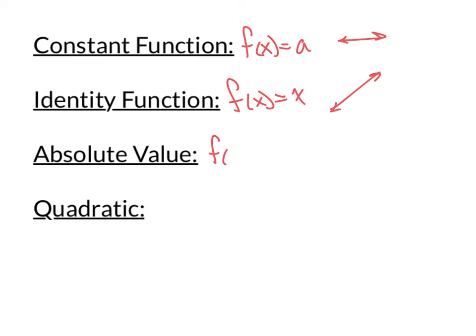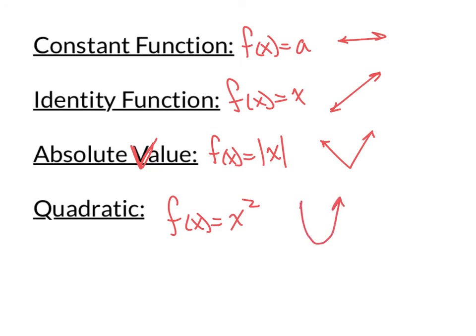Absolute value is absolute value. That's where we get a V shape. V for value, absolute value. And then quadratic function is f of x equals x squared. And that's where we're going to get that parabola, that U shape.